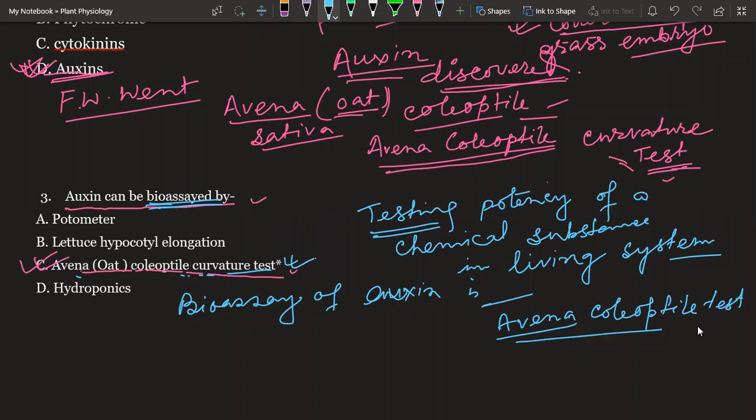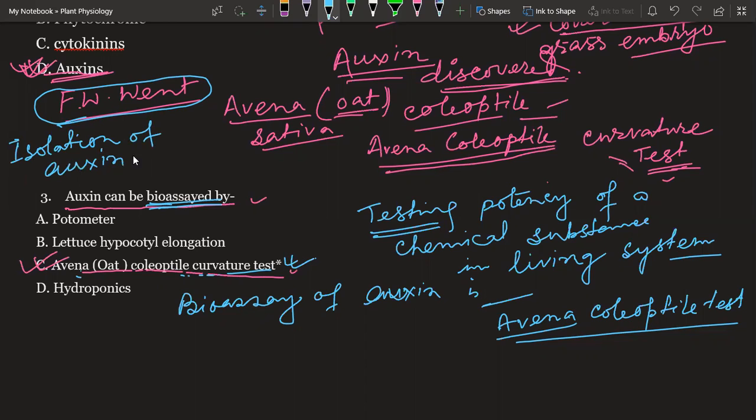Okay, carried out by this F.W. Went. F.W. Went is also credited for the isolation or extraction of auxin from this Avena coleoptile.